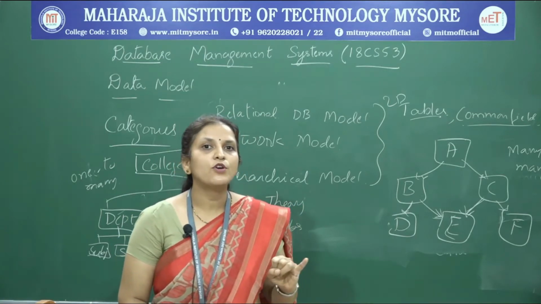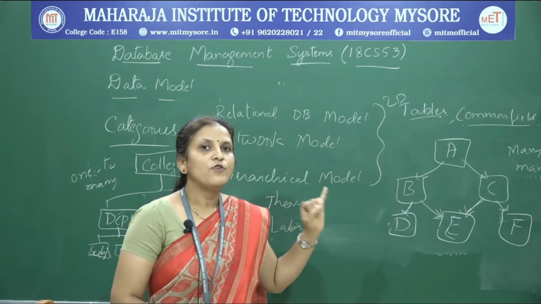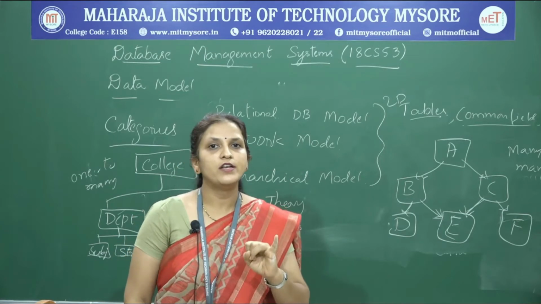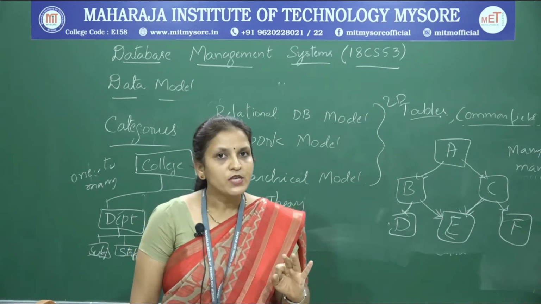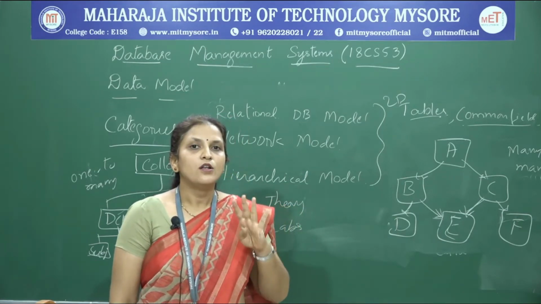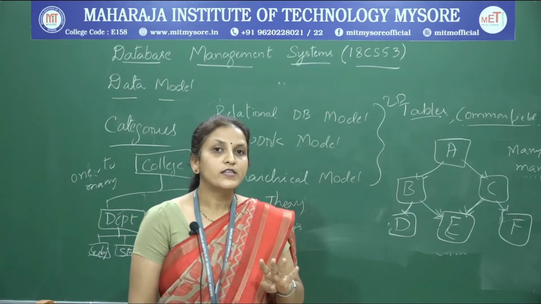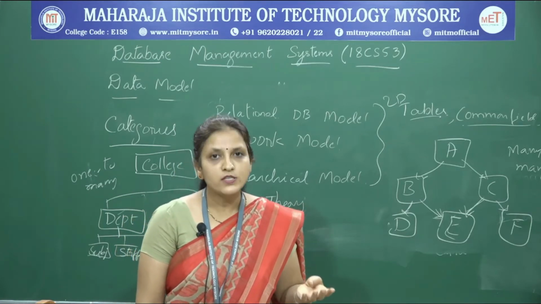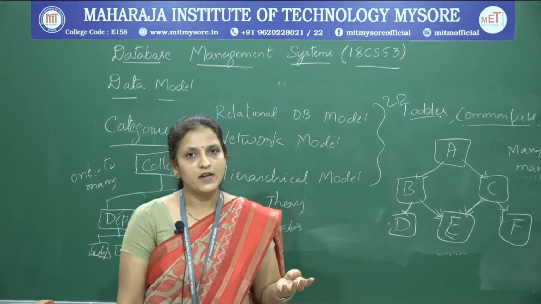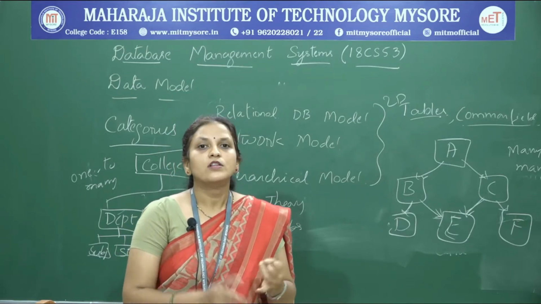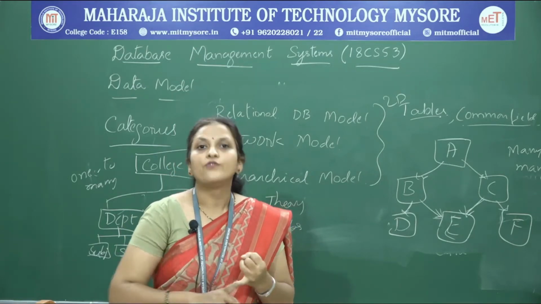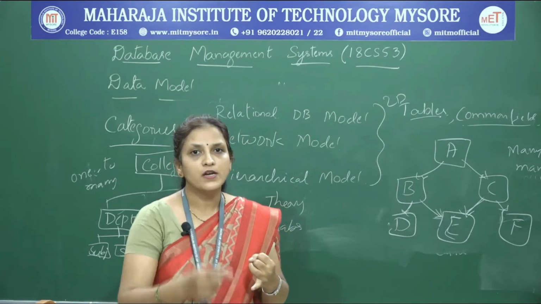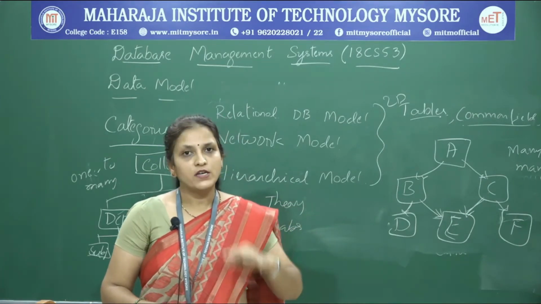An example of a high level data model is the entity relationship model, where everything speaks in terms of entities, attributes, and relationships. Then comes the physical or low level data model, where it describes more about the physical storage aspects of the database: the records which are stored, the type of records, ordering of records, and access paths to those records. All those things come under the physical level.